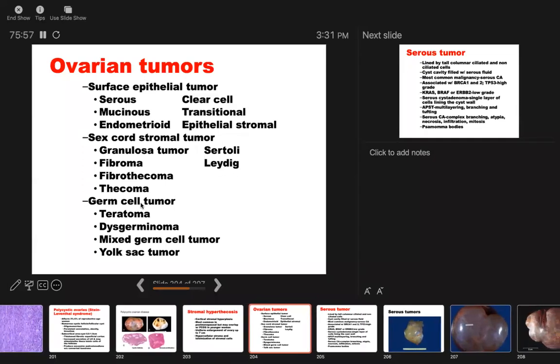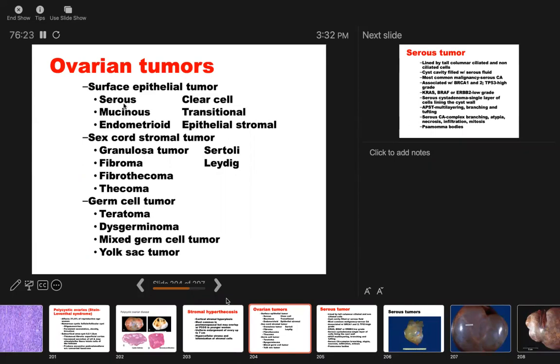Okay, let's talk about ovarian tumors. In the book, there is Table 22-5, which is the WHO classification of ovarian neoplasm. Ovarian tumors are categorized into three: 1, 2, and 3. You should know which ones belong to what category.